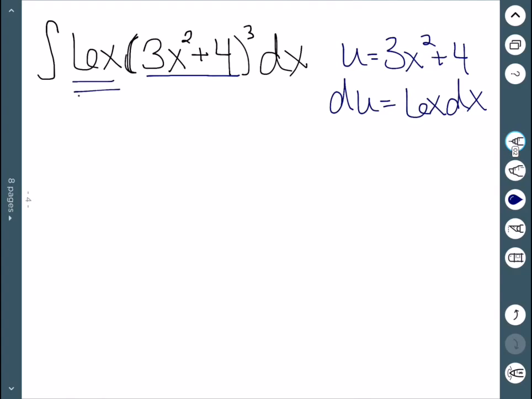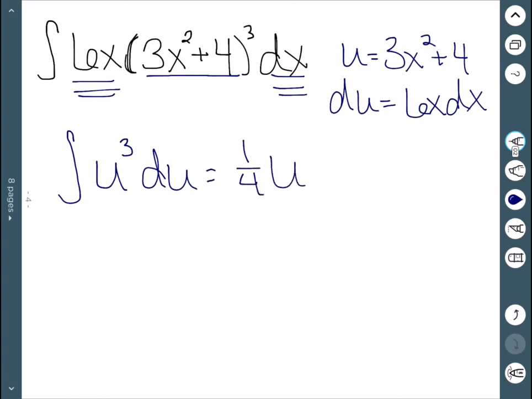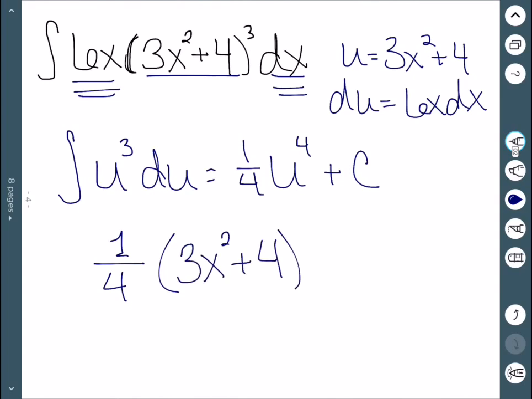And we can see the derivative in the integral, and that's the important part. So this 6x dx is going to become du, and the part inside of parentheses is just u. So I get u cubed du, which we know is 1 over 4 u to the 4th plus c. And then the last step is to substitute back in terms of x. U is 3x squared plus 4 to the 4th plus c.